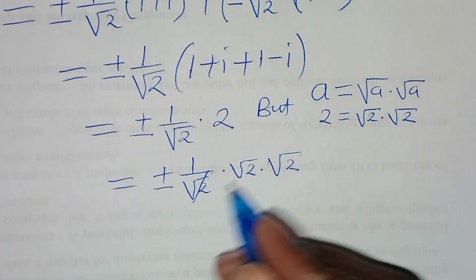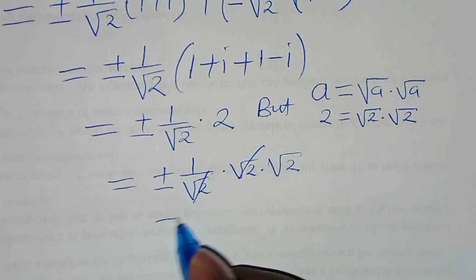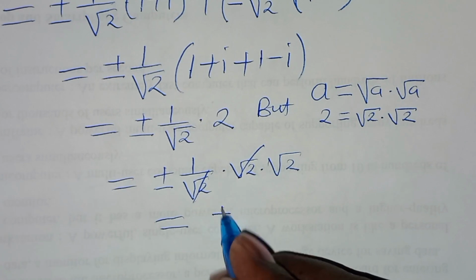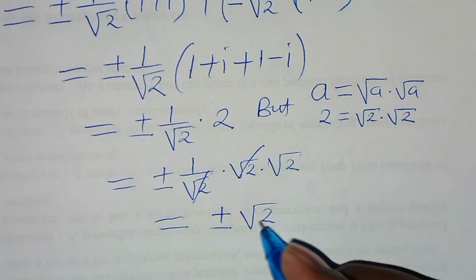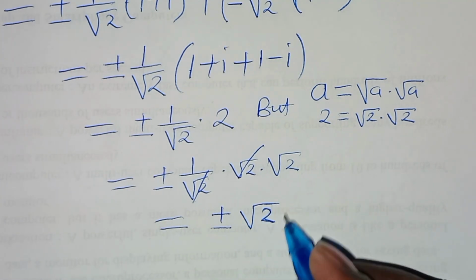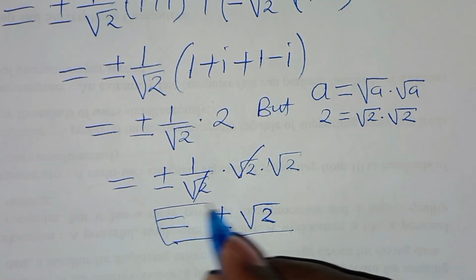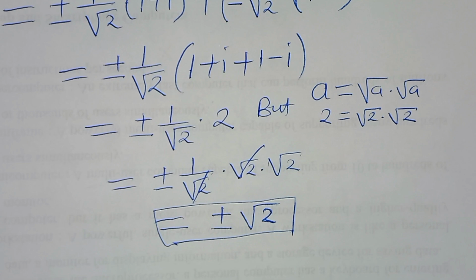Let's simplify square root of 2 and square root of 2, and therefore we'll have the solution as plus or minus square root of 2. This is the solution to this math problem. Plus or minus square root of 2.